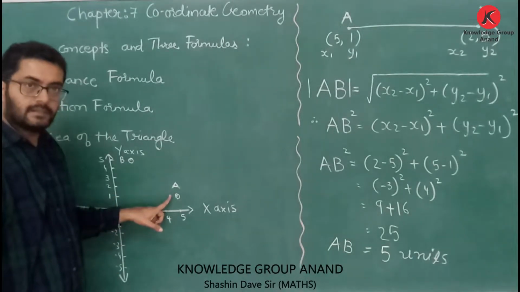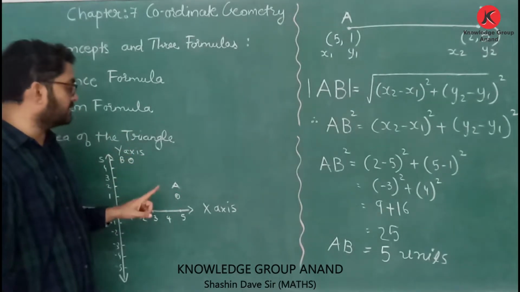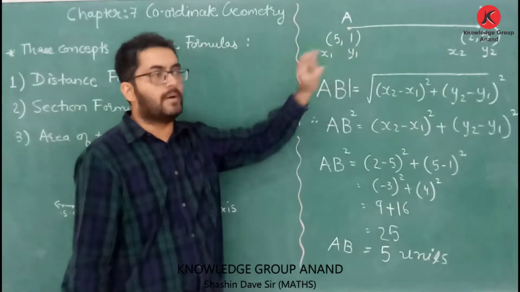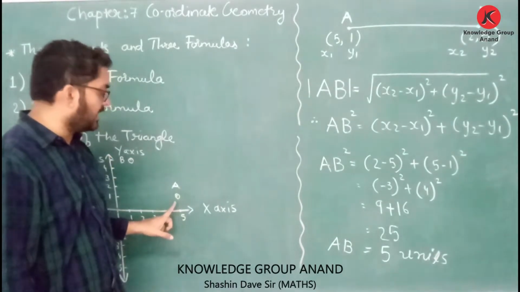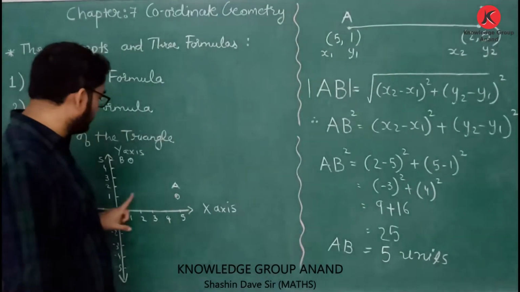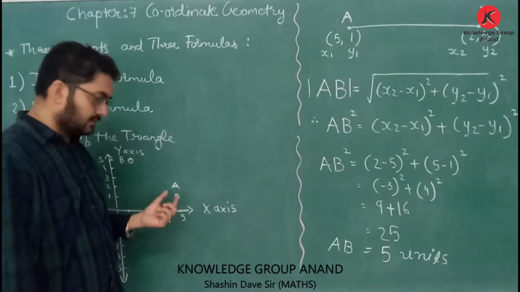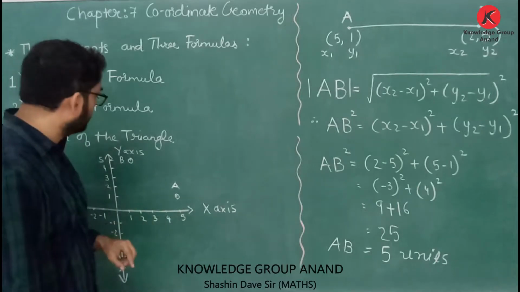Means the coordinates of this point A will be represented as 5, 1. तो यहाँ पे मैंने लिया है coordinates of A is 5, 1. Why? Because X coordinate is 5 and Y coordinate is 1. So the value of coordinates of point A is 5 and 1.